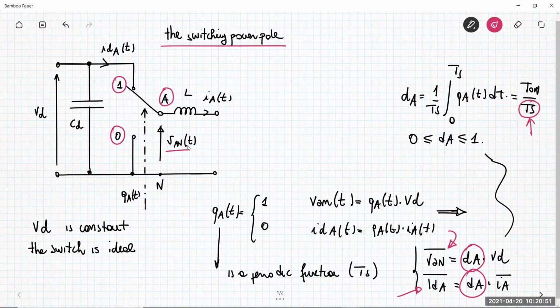When Ts is constant, so the frequency of the unitary switching function controlling the activity of the switch is constant, what does it mean to change the duty cycle? Changing the duty cycle means changing the width of the Ton pulse.